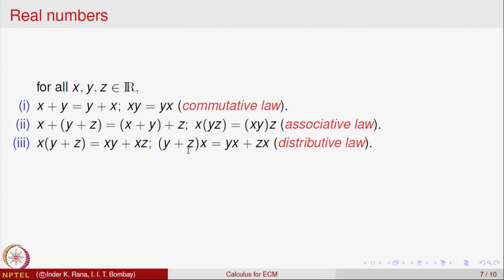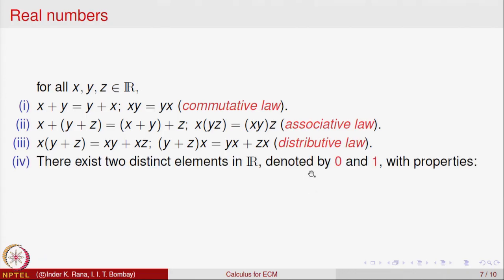Similarly, from the other side, y plus z, you first take the sum and then multiply by x, that is the same as y x plus z x. This is called the distributive property. So, what we are saying is that the operations of addition and multiplication are commutative, associative and distribute over each other.